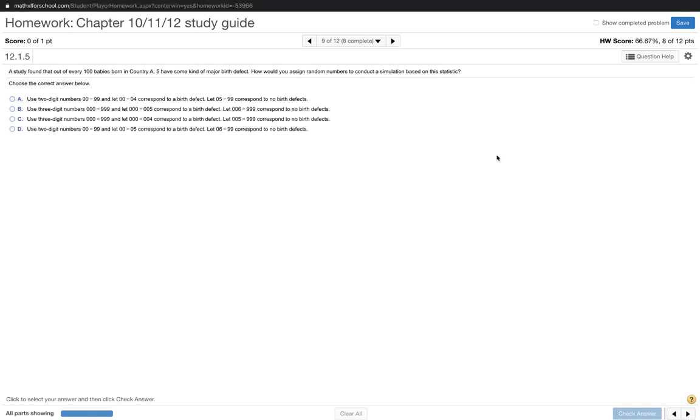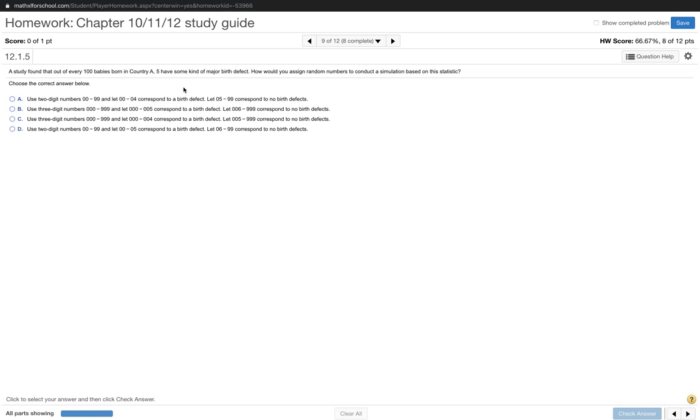Number 9, a study found that out of every 100 babies born in country A, 5 have some kind of major birth defect. How would you assign random numbers to conduct a simulation based on this statistic? So the key is 5 out of 100.